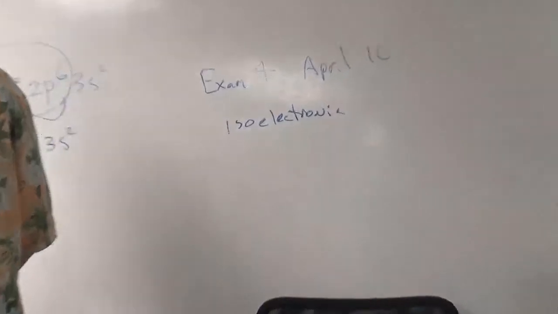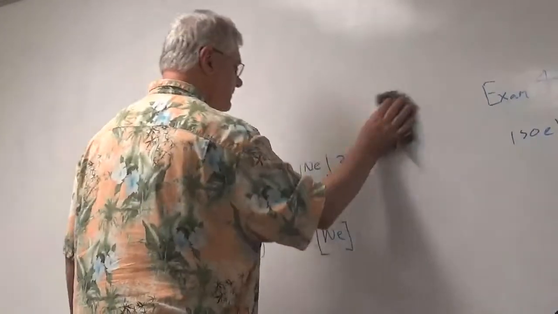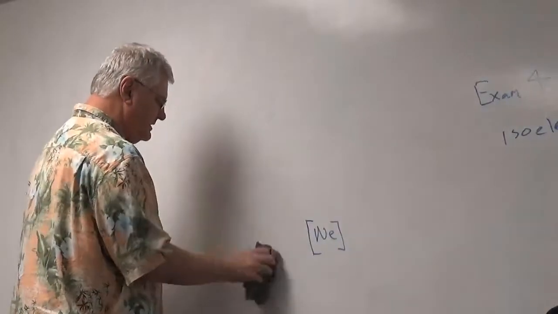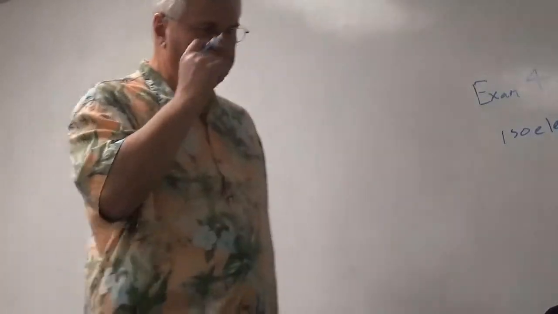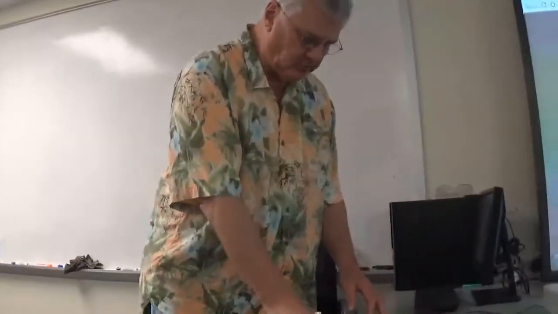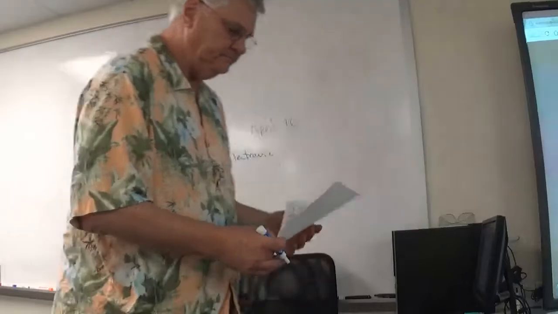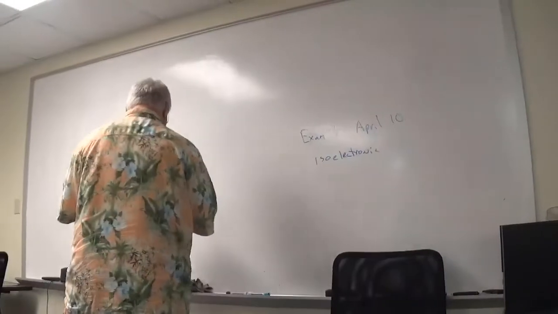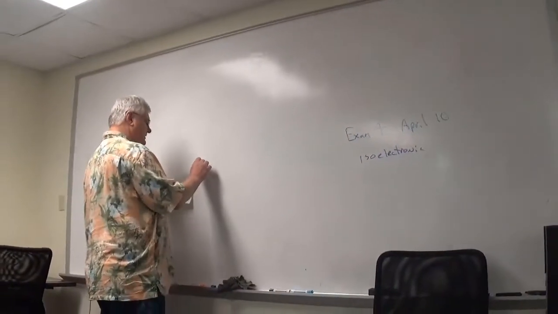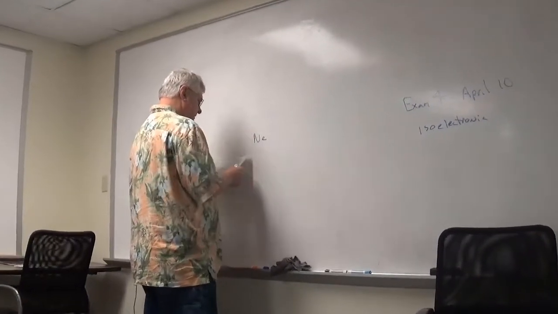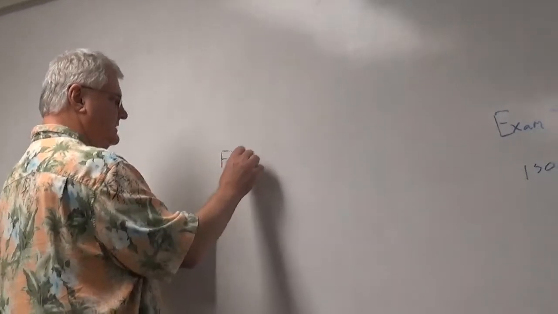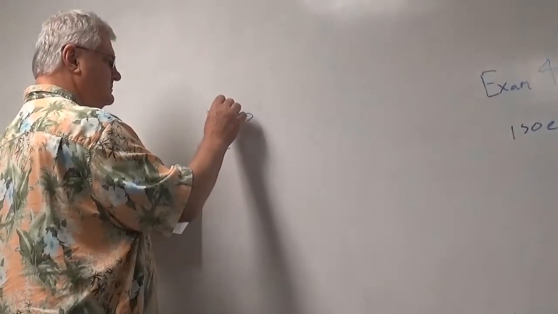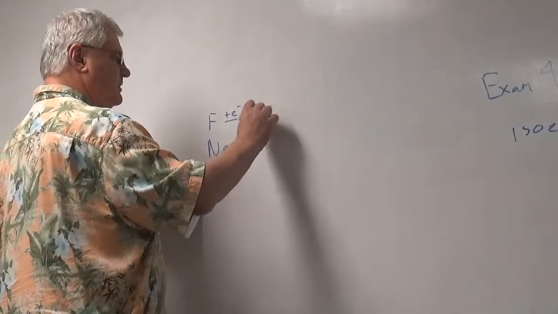Now we can extend this on both sides of neon. We've talked before about, for the representative elements, what ions they're most likely to form. And so let's say we write neon here, and for fluorine, it tends to gain 1 electron and form fluoride.